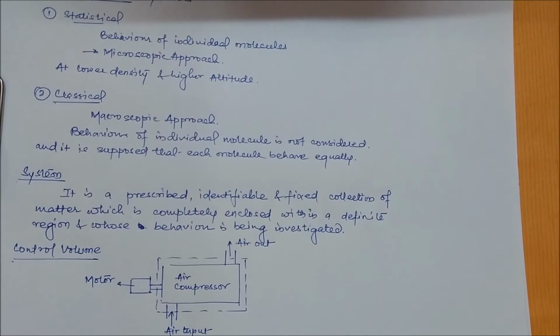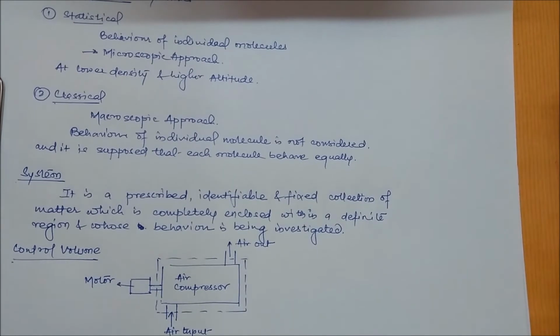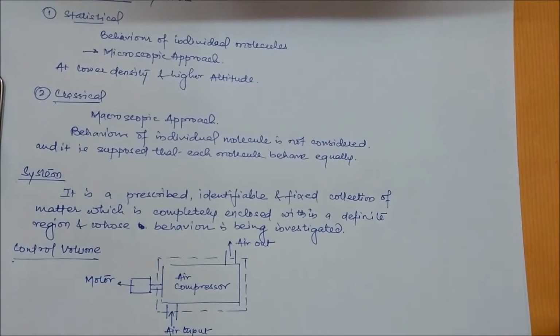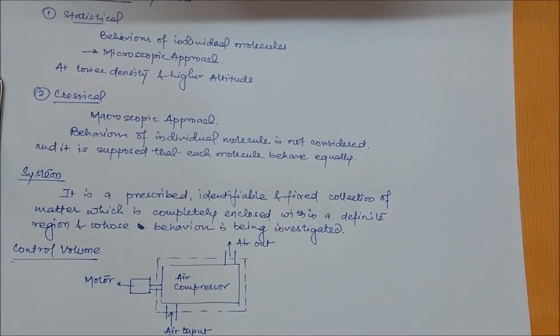See, in thermodynamics, basically the mechanical components are open systems. In the last lecture we have discussed about open system. Open system says that it allows both mass and energy to cross or interact between the system and surrounding, right?